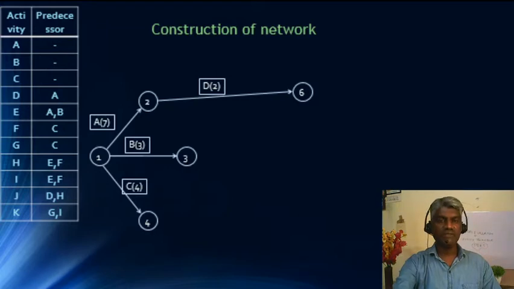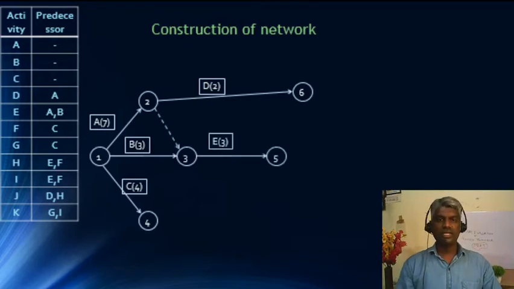So, we can have the next activity E starting from node 3. Simple. And the next activity is F. F starts from C. And there is one more activity G. G is also starting from C. So, there are two activities.